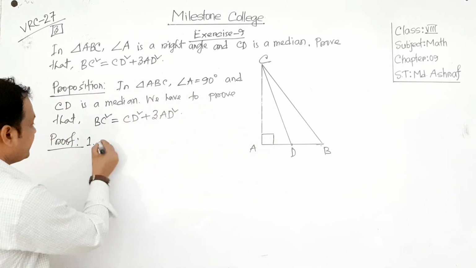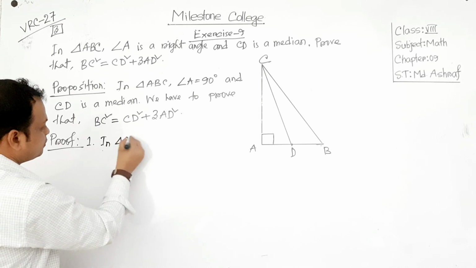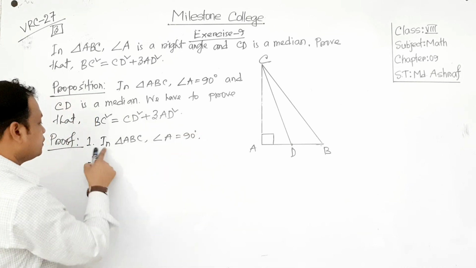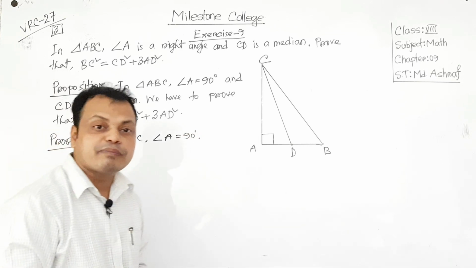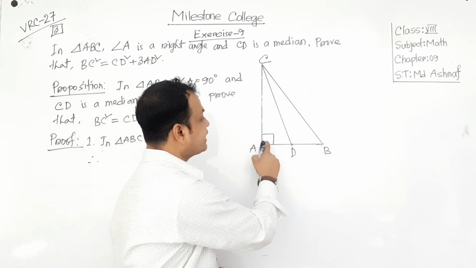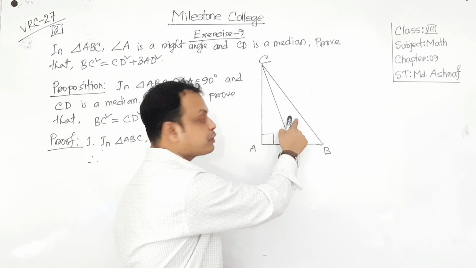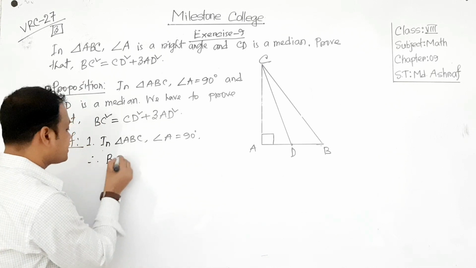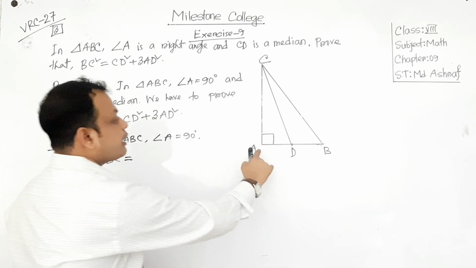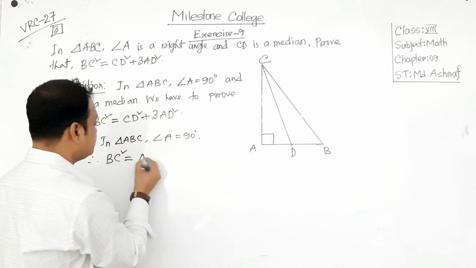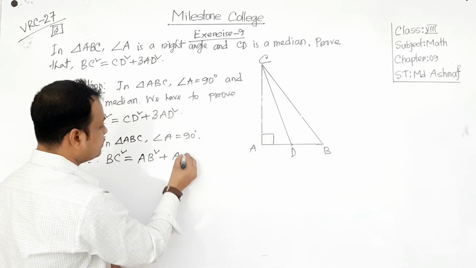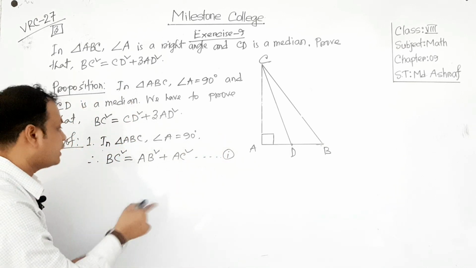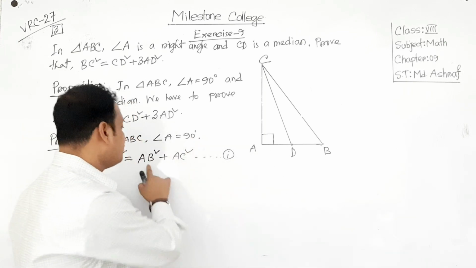Therefore, by applying Pythagoras theorem, the opposite side of the right angle is BC, so BC is the hypotenuse. So we can write BC square equals AB square plus AC square. Give this the name equation 1. So by applying Pythagoras theorem we have got this one.